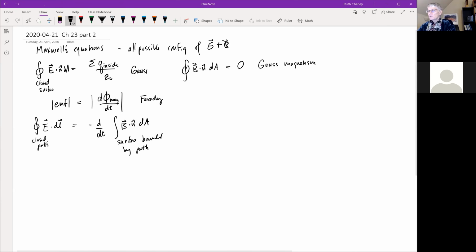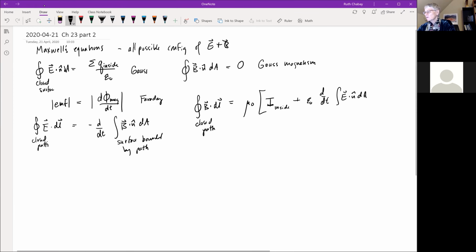And finally, the Ampere-Maxwell relation, which is Maxwell's extension of Ampere's law. So we have the integral of B dot dl around a closed path is equal to mu0 times the conventional current that pierces the surface stretched over the path, plus epsilon 0 times the time derivative of the electric flux.